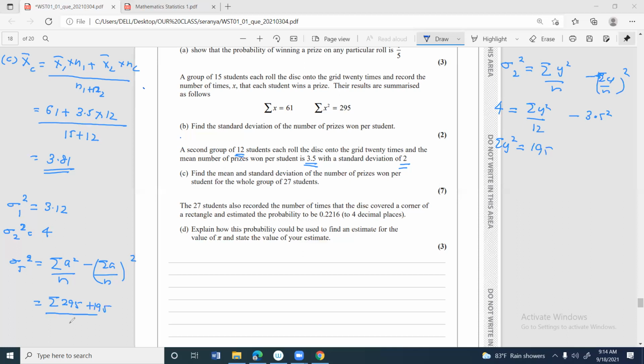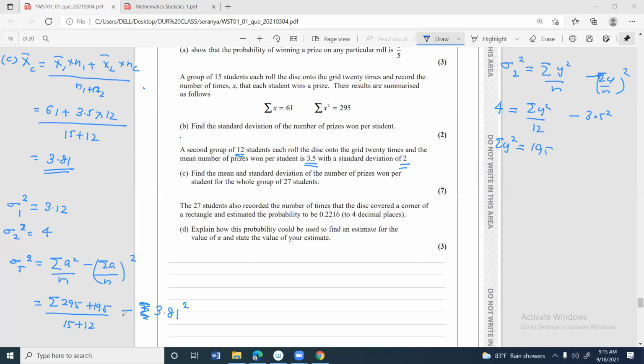Therefore, you can add another 195 over here. Divided by n, which is the total number of information, the first set 15 and the second set 12. Minus the summation of a, the mean; we already found the combined mean, so you can write it as 3.81 squared.